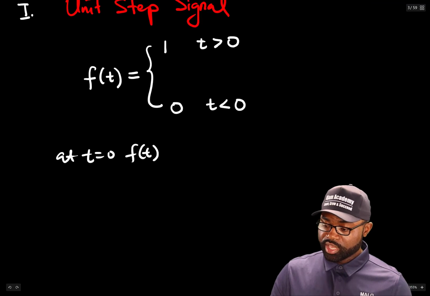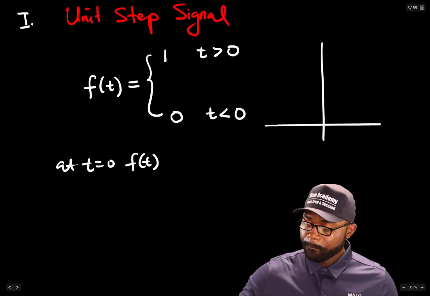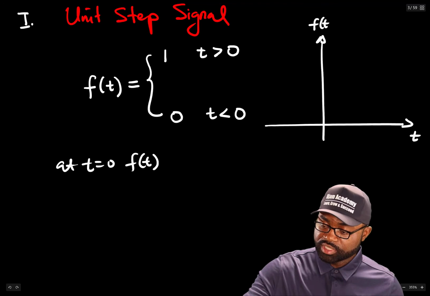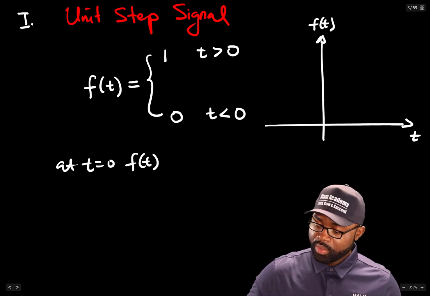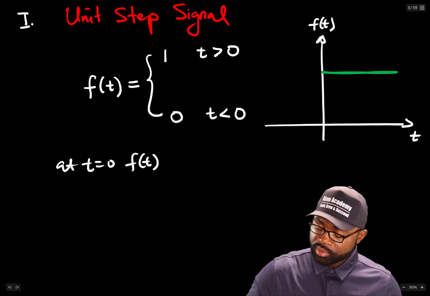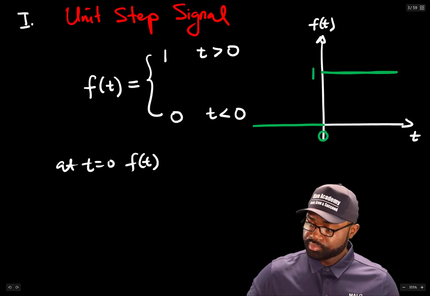And so if we draw the function, this is t, this is f of t. The function looks like that. This is 0, this is 1.